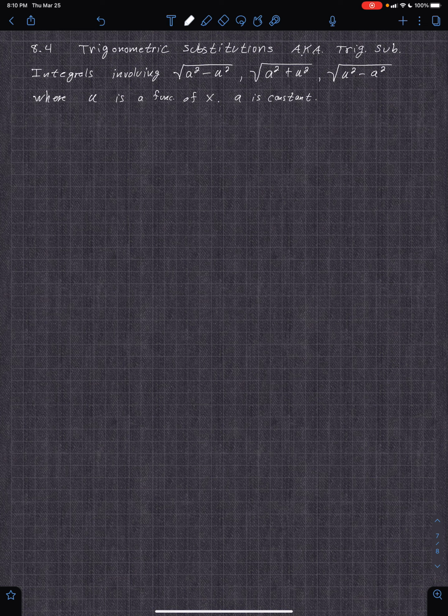So we have, of course, the Pythagorean identity. So sine squared theta plus cosine squared theta equal to 1. And then you can solve for either of those and get cosine squared is 1 minus sine squared and so on.